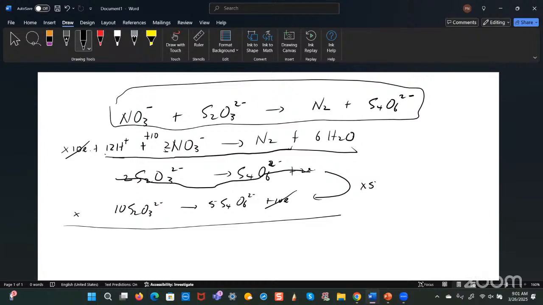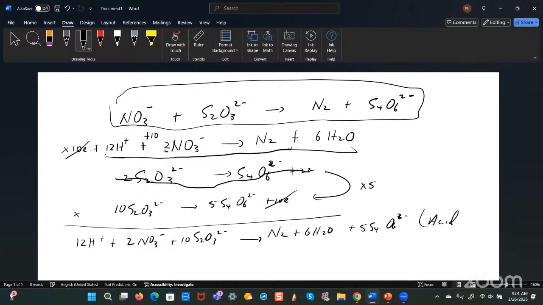And you just write down what is left, which would be 12H+ plus 2 NO3- plus 10 S2O3 2- to give N2 plus 6H2O plus 5 S4O6 2-. And that should be the final answer. Again, this is under acid conditions.